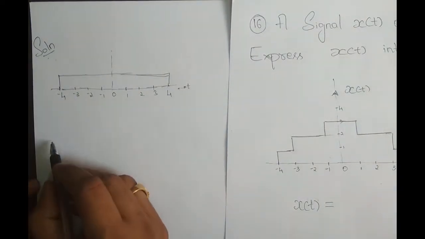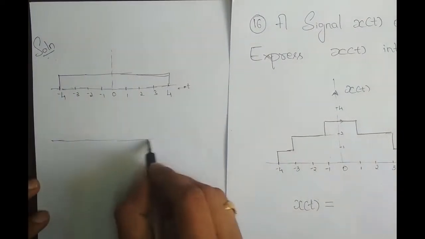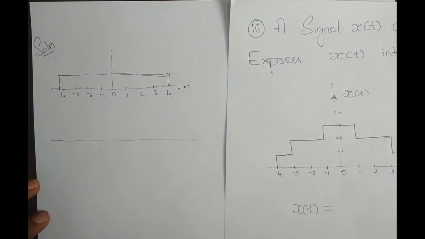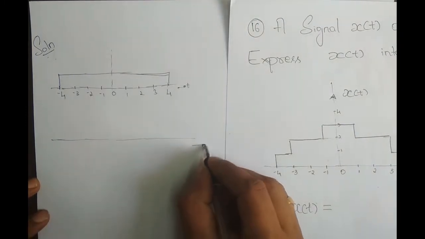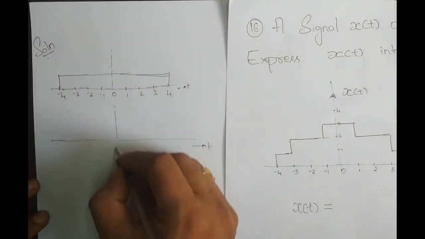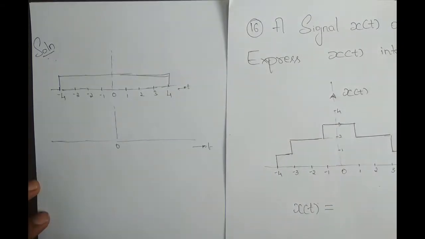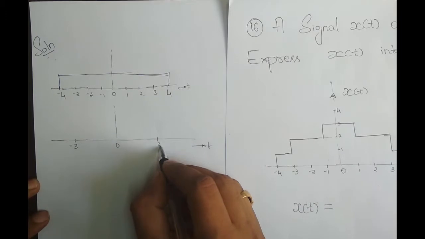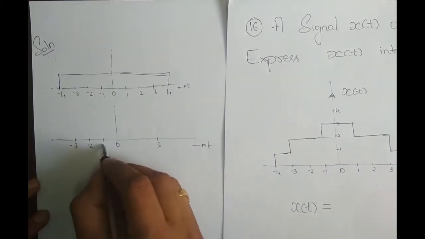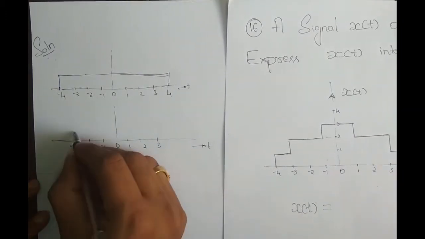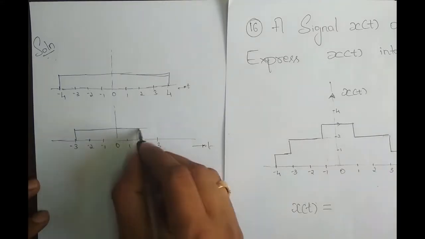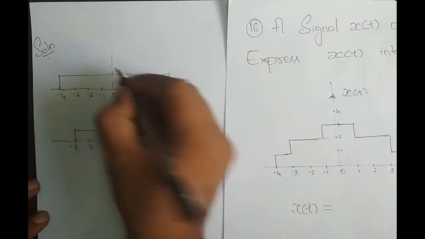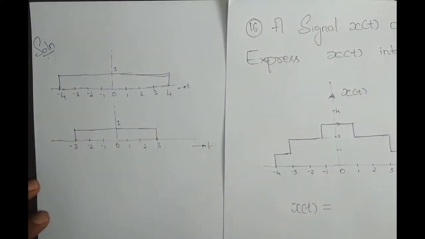Now this signal is added with one more signal, this is at t equal to 0, where the signal is varying from -3 to 3: -2, -1, 1, 2. So the first signal amplitude is 1. Second signal amplitude is 2.